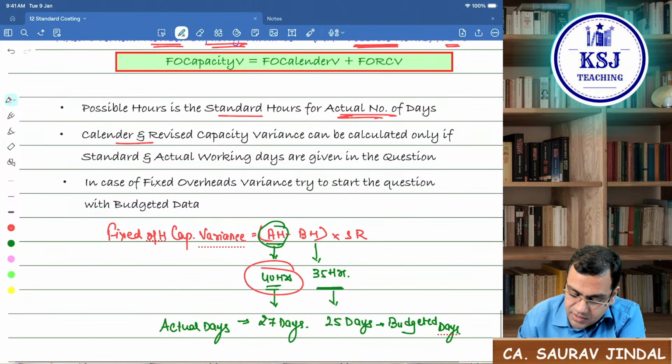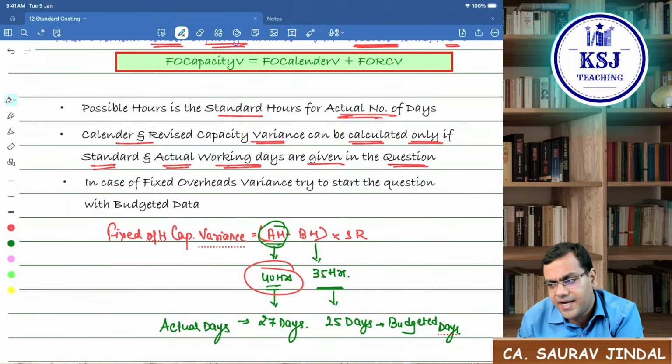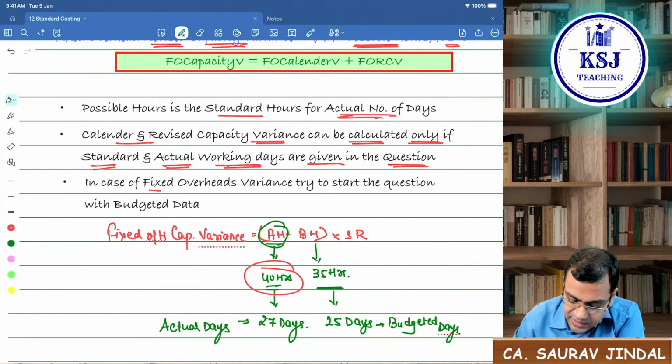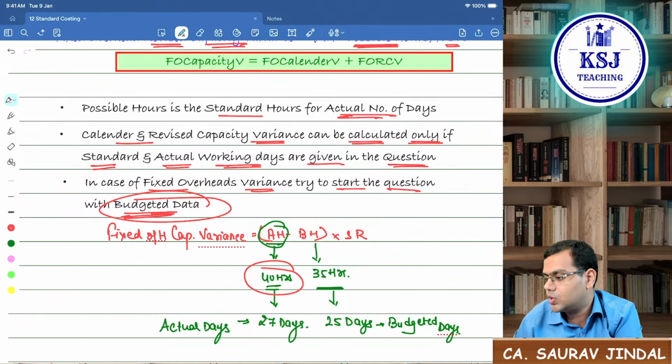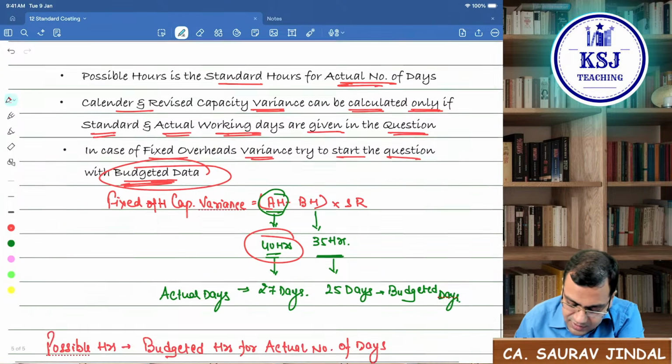Calendar and revised capacity variance can be calculated only if standard and actual working days are given in the question. Right? So if the working days are not given, then you cannot calculate calendar and revised capacity variance. In case of fixed overhead variance, try to start the question with budgeted data. That is what I've told you earlier also. Is this clear, guys?